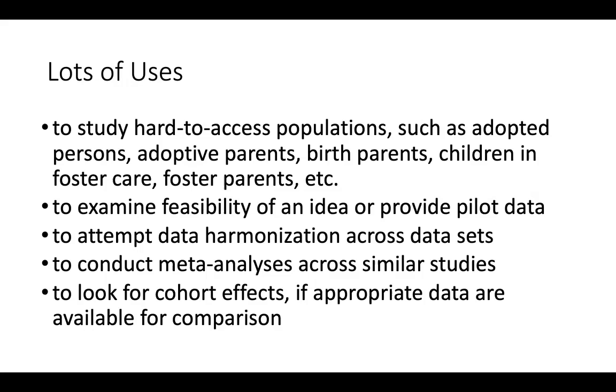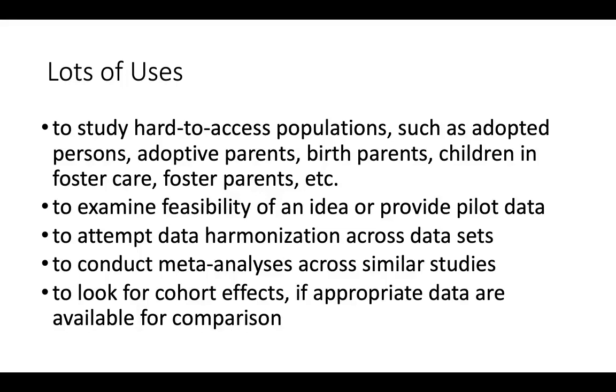Another type of study that can be done is meta-analysis, which is comparing results across studies, not at the item level, but at the conclusion level and at the outcome level, at the dependent variable level.